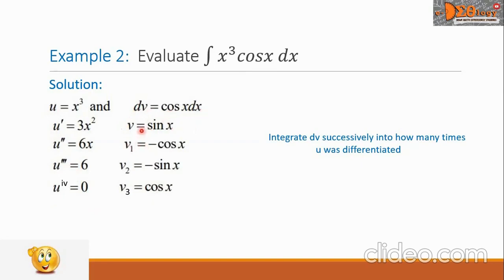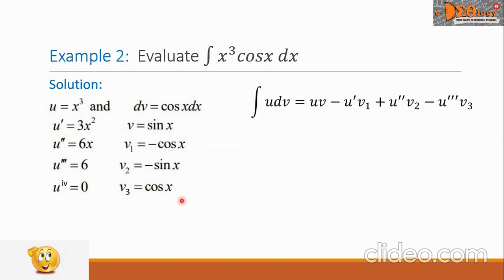V sub 1 here is the integral of v, and the integral of sine x is negative cosine x. The integral of v sub 1 is v sub 2, equals the integral of negative cosine x, which is negative sine x. The integral of v sub 2 is v sub 3, and the integral of negative sine x is cosine x. Let us now write the formula of Bernoulli's form.